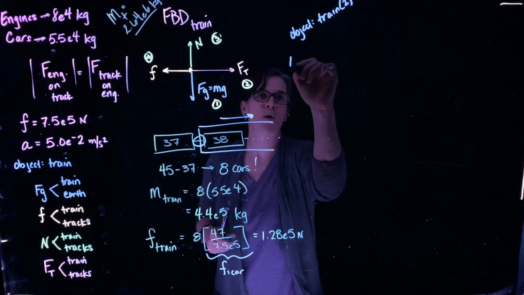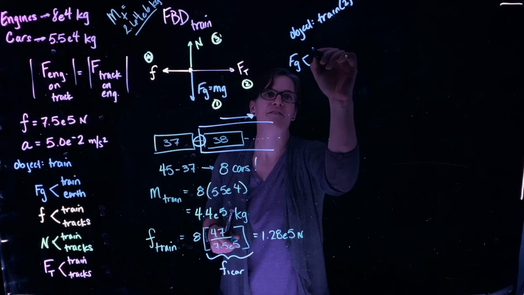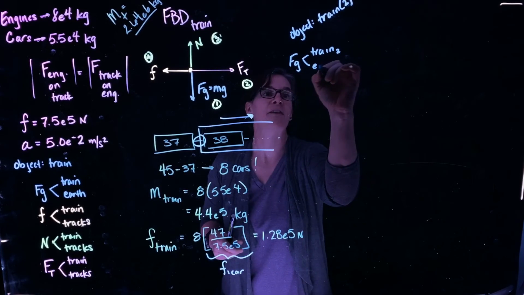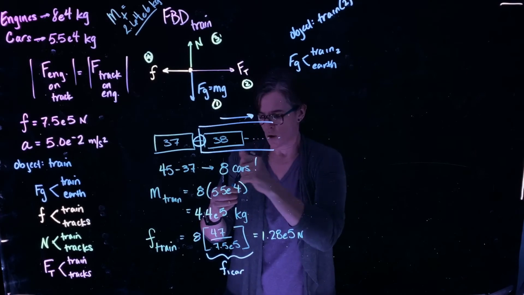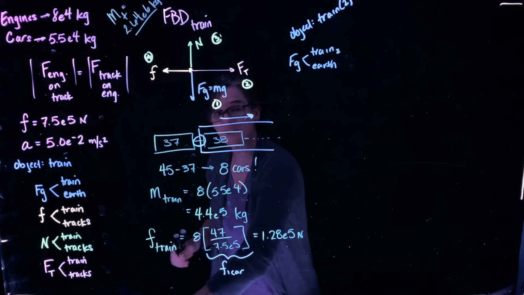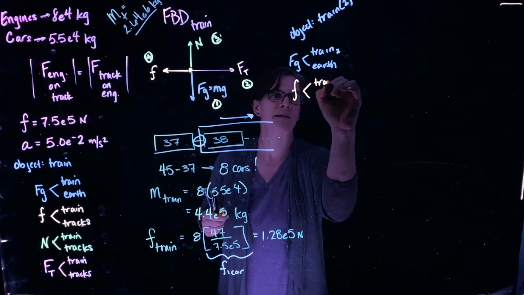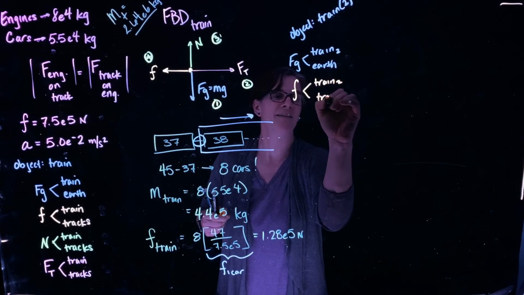We know that we're going to have the force of gravity between train sub 2 and the earth. We know that there is a frictional force between train sub 2 and the track.